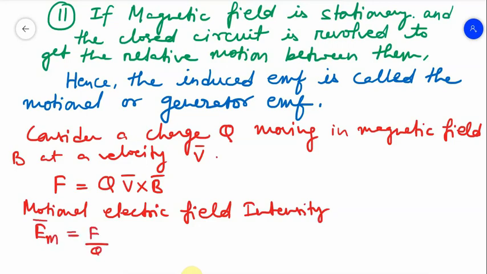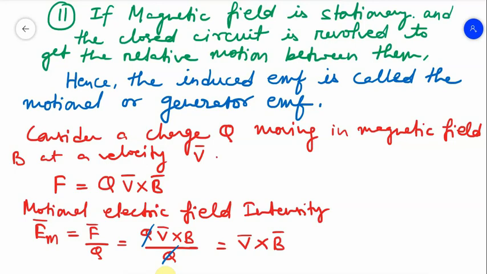F upon Q. And what is this F? F is Q v cross B. So Q v cross B upon Q, so it is equal to v cross B. So this one is the motional electric field intensity.